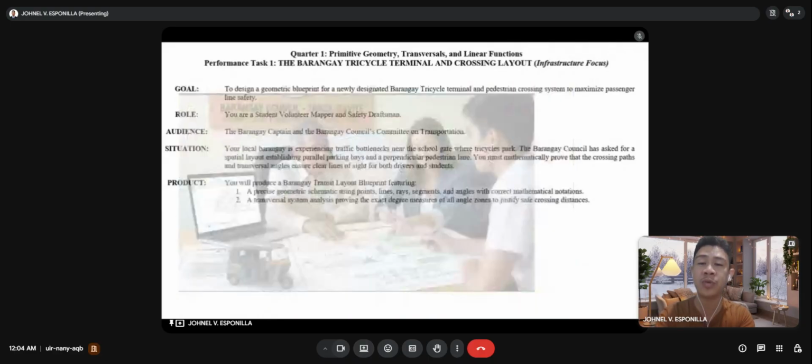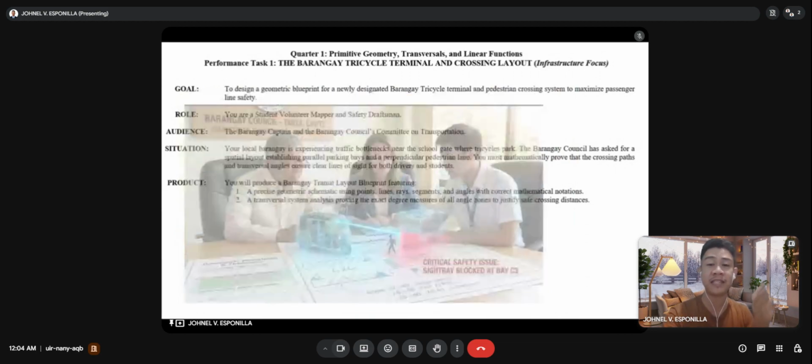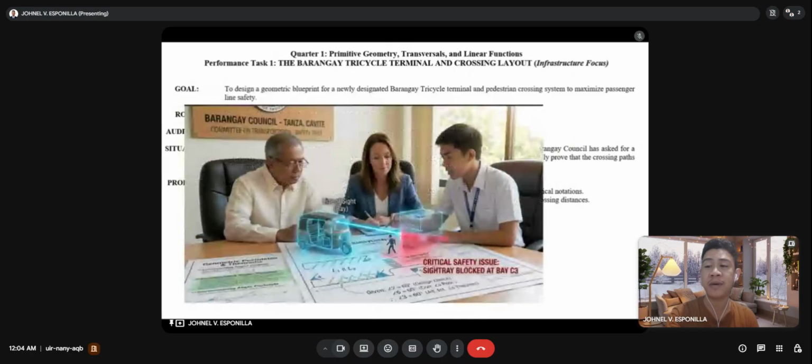Here is where your creativity and critical thinking come in. The Barangay Council isn't just concerned with math accuracy, they care about safety. When a tricycle driver is sitting in a parking bay, their line of sight can be modeled as a geometric ray. If you place a parking bay directly against a crosswalk, does that ray of sight get blocked by another vehicle?